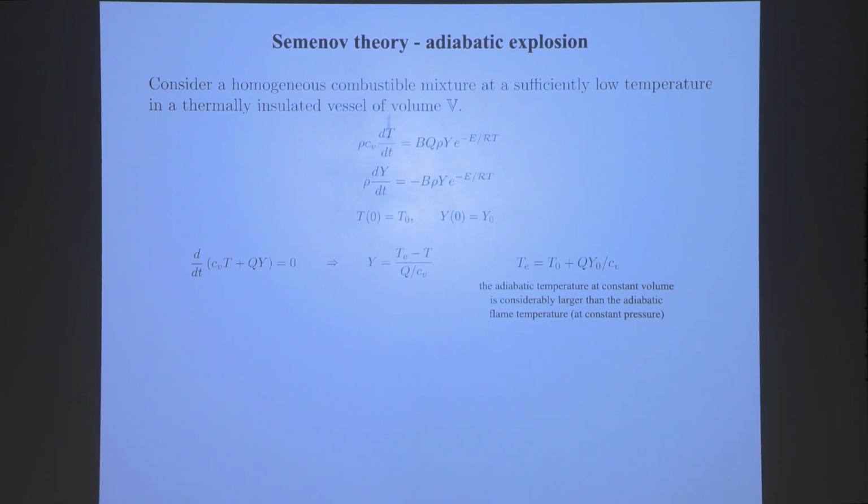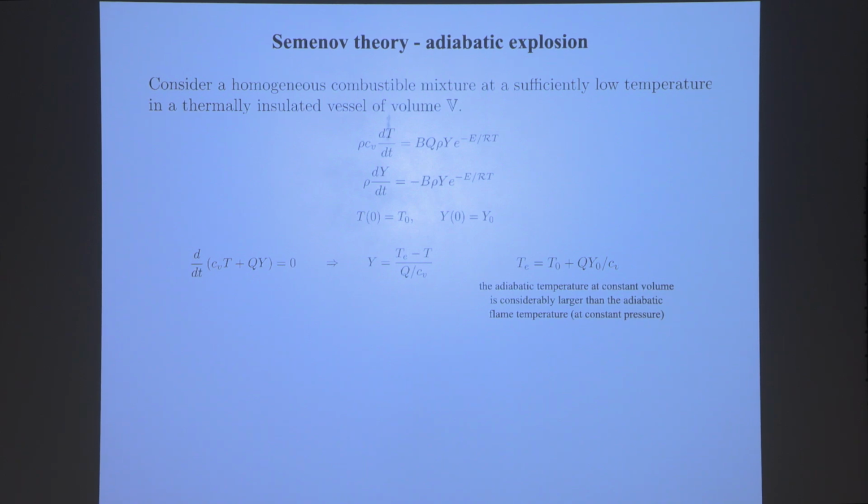The difference will be that instead of a Cp here, you're going to have Cv, and since Cv is always smaller than Cp, this is always larger than the adiabatic temperature. So this is the adiabatic temperature at constant volume.